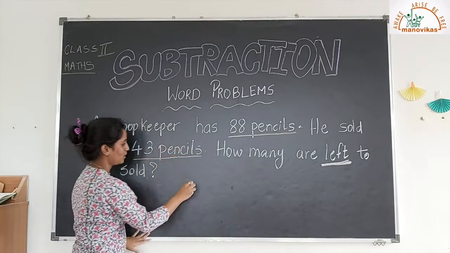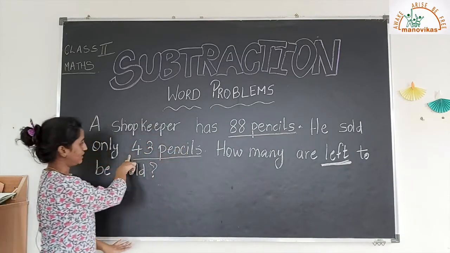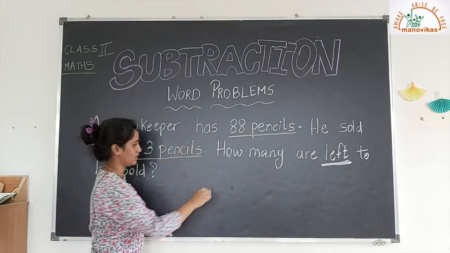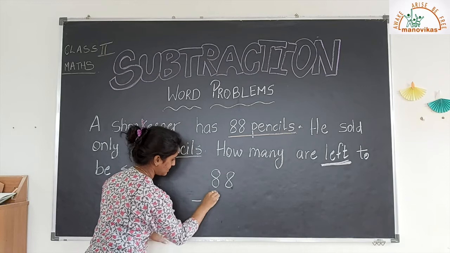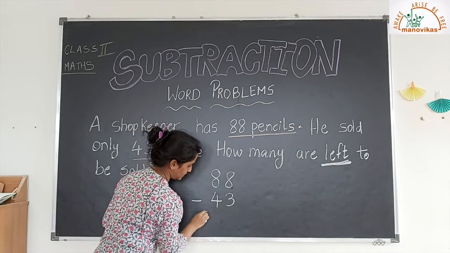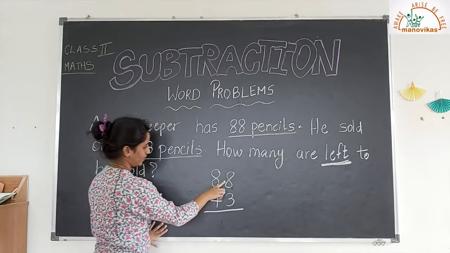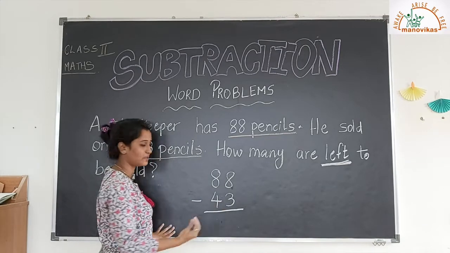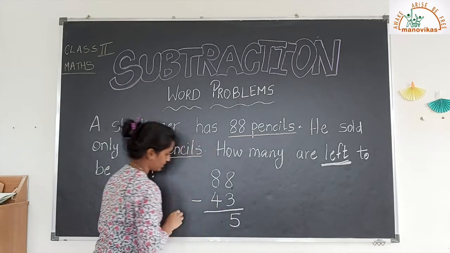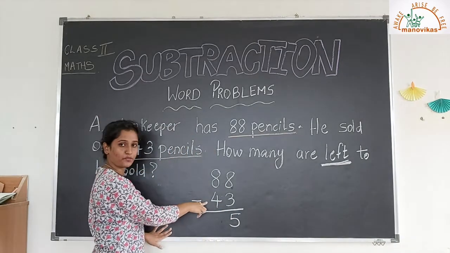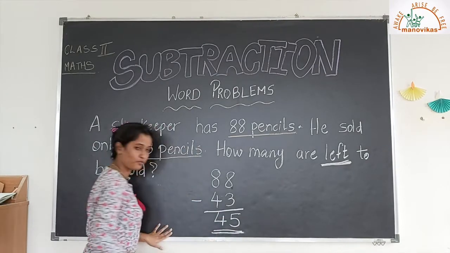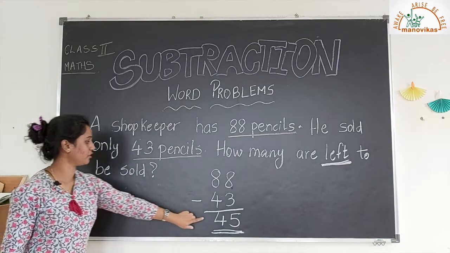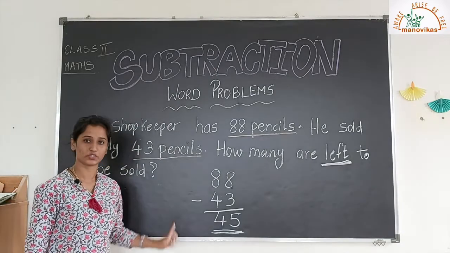So we have to minus 43 from 88. So we write here 88 minus 43, correct? So 8 minus 3 gives us 5. Next 8 minus 4 is equal to 4. So we get the answer as 45. So only 45 pencils are yet to be sold.